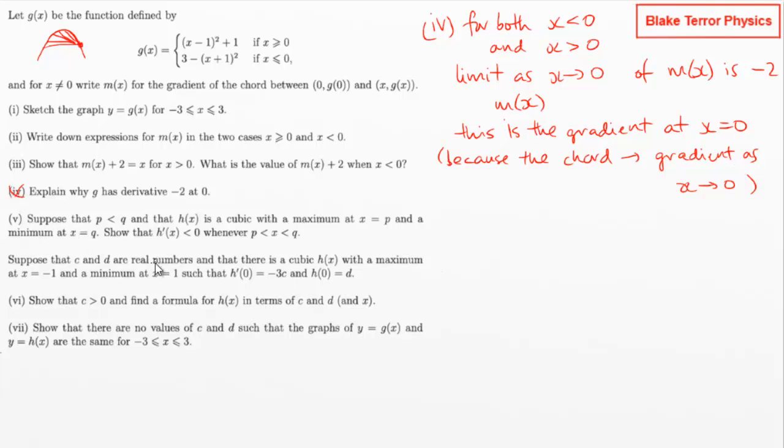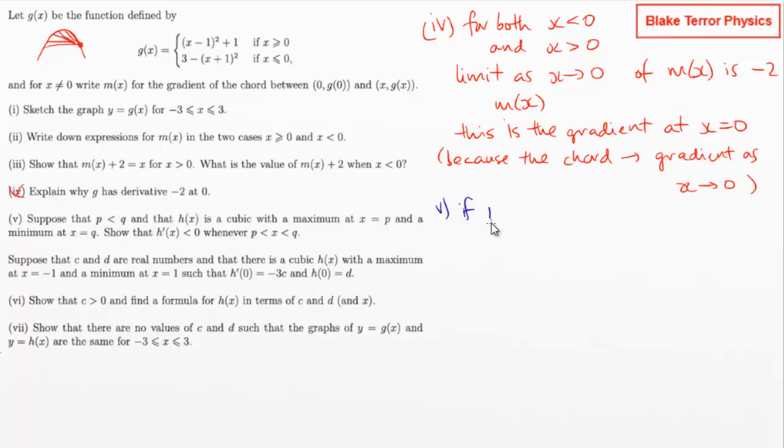Part 5. Suppose that p less than q and that h of x is a cubic with a maximum at x is p and a minimum at x is q. Show that the gradient of the function is less than 0 between p and q. Right, okay, well that'd be easy enough. I mean, that's just describing a cubic curve.